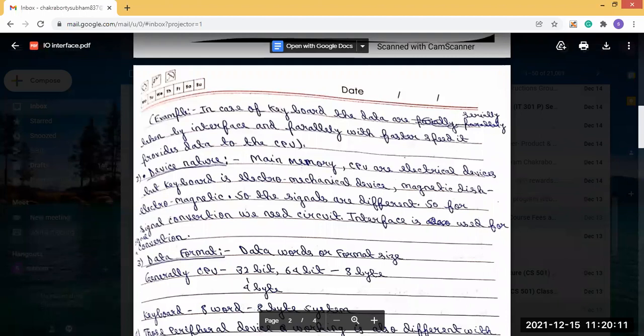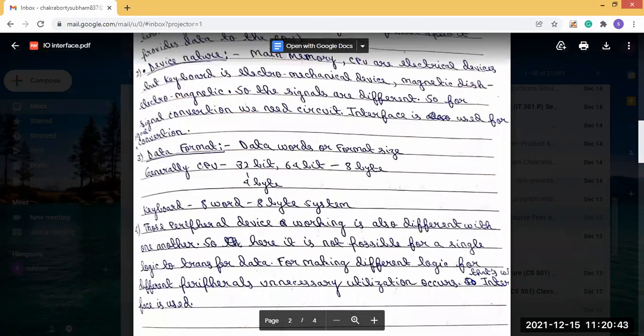In that case also the interface provides the normalization. That means the interface acts between them, because our CPU is working 32-bit or 64-bit, but our keyboard is only 8 bit. That's why the interface is also used for data format synchronization.